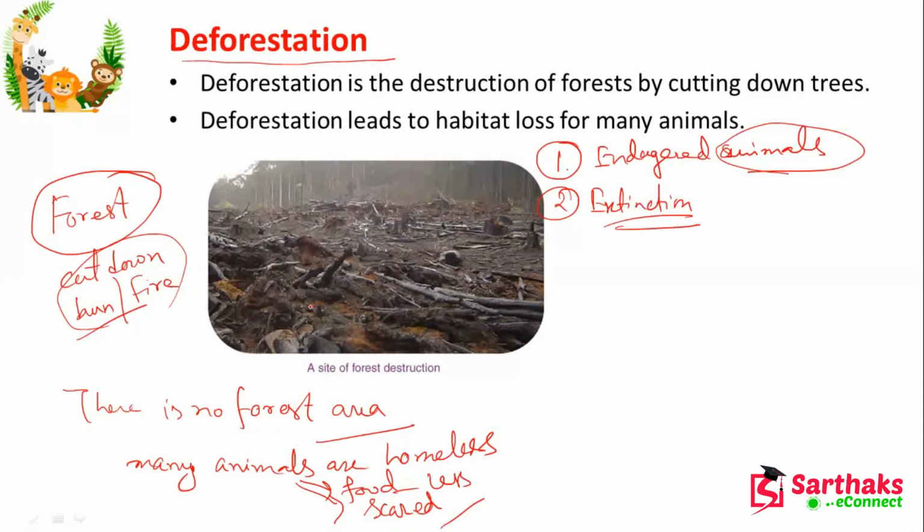So the animals will be homeless, there is no food there, they are scared, they will move here and there, and some of the animals you are also burning with the fire. So this is deforestation.